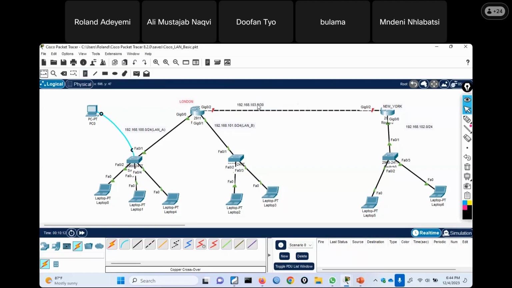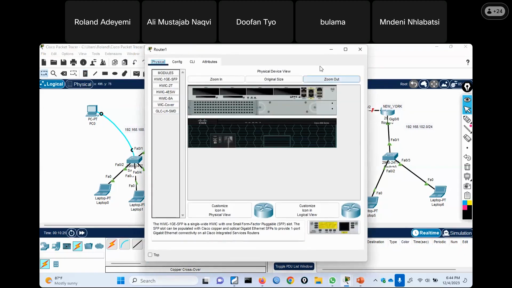Now, if you go back to your subnetting, you're going to see that anytime you have /30, there are only 2 usable IP addresses. Network address, broadcast address, then the first and second IP address. So I'll go to the interface of my router here, G0/2, put an IP address from that network.